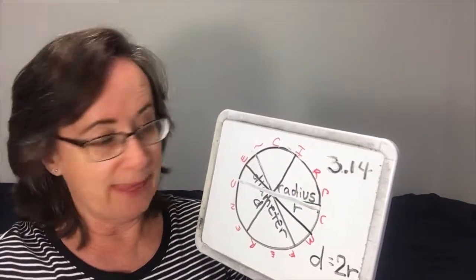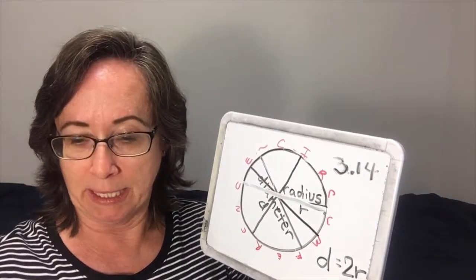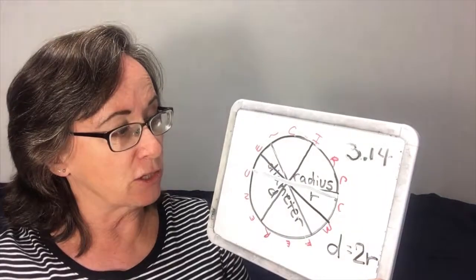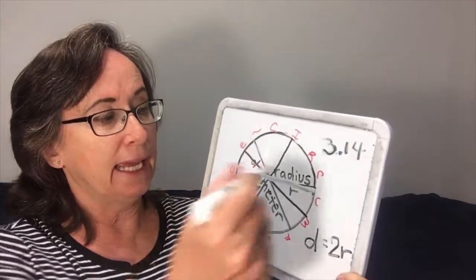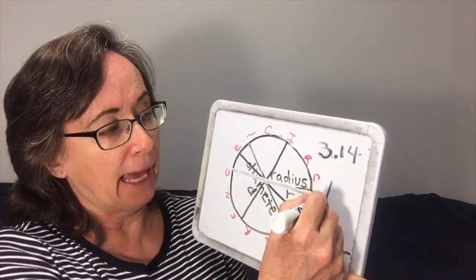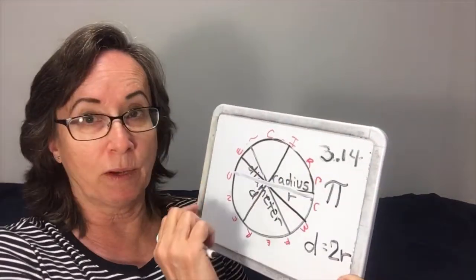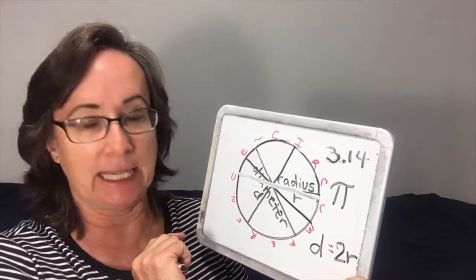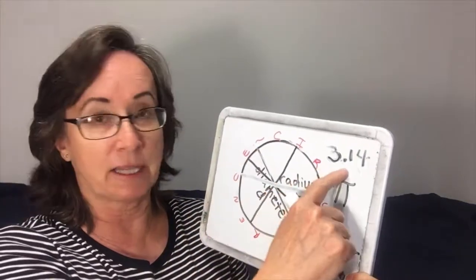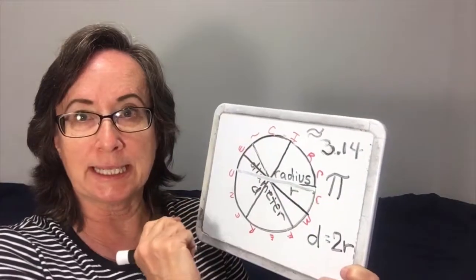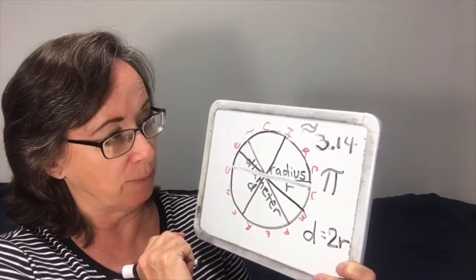So they came up with a formula. And the formula is that the circumference of the circle is pi, which is that number, 3.14, but exactly the measure. This is approximately the measure, but pi is exact. And we're going to talk about pi some more in a minute.